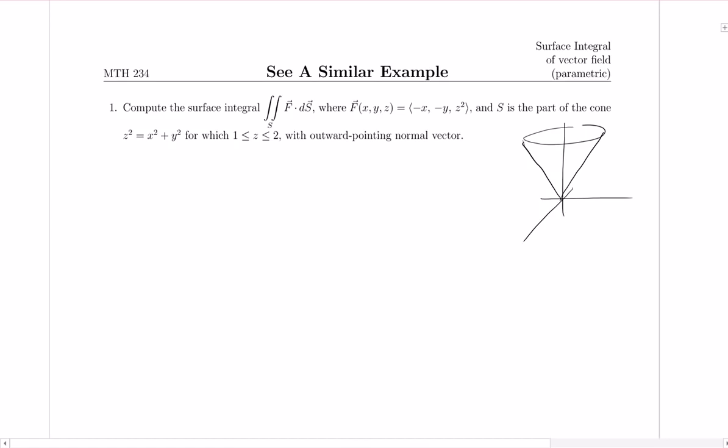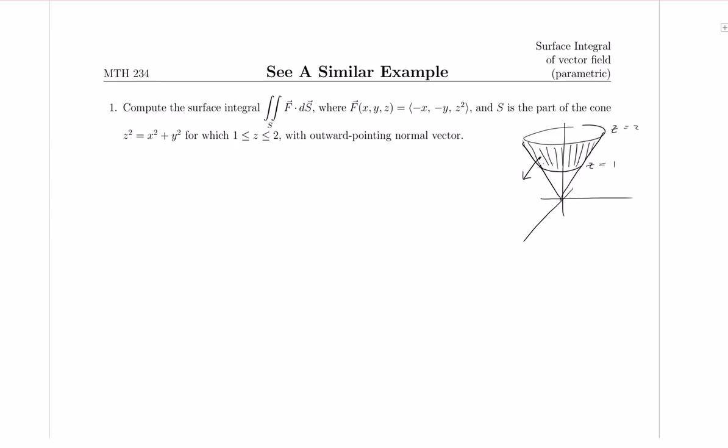So here's the cone, and again we only want a certain part. Let's say here is z equals 1. Then we only want this part of the cone. And we want the outward normal, so at any point we want the normal vector to point outward, away from the middle of the cone.